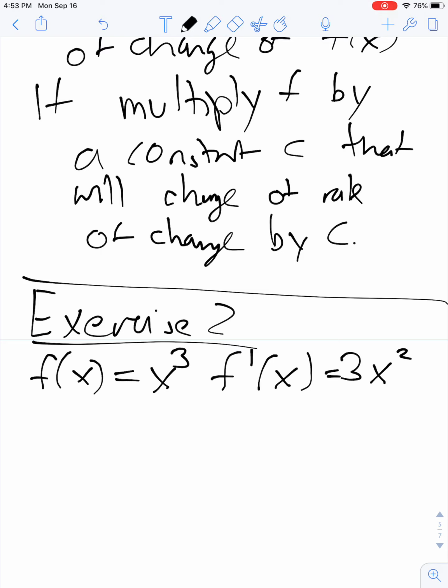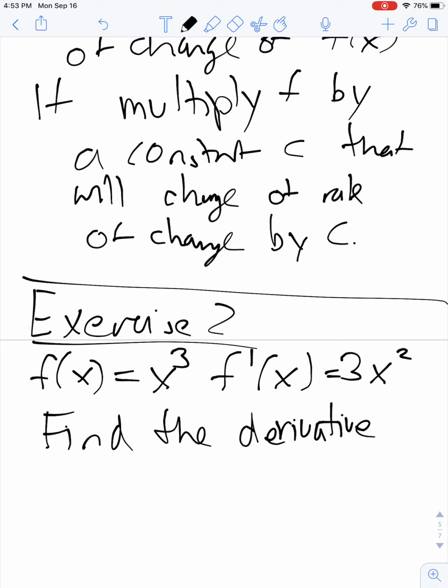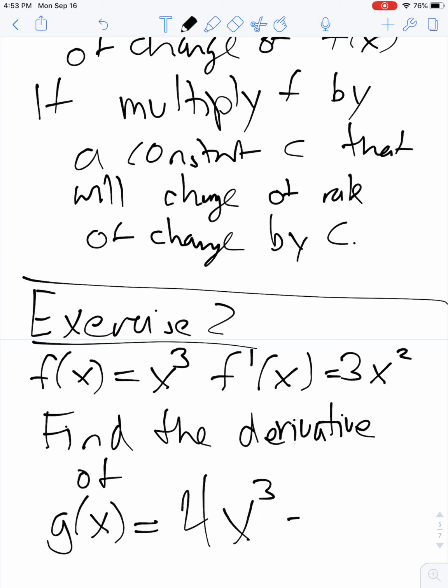I actually did this one in class one day, and now I want you to find the derivative of the function g of x equal to 4x cubed minus 3.